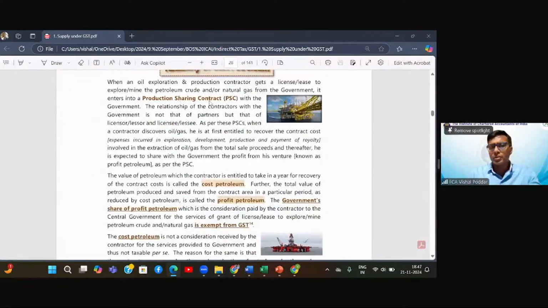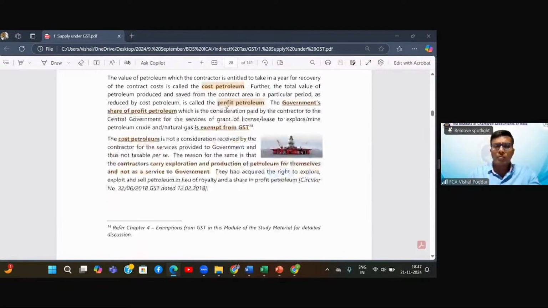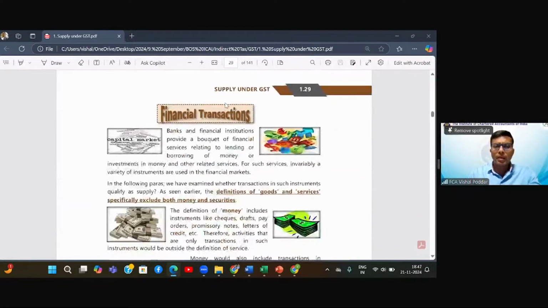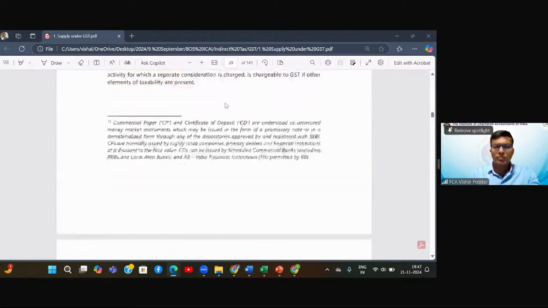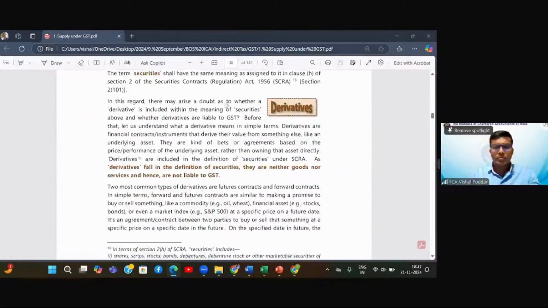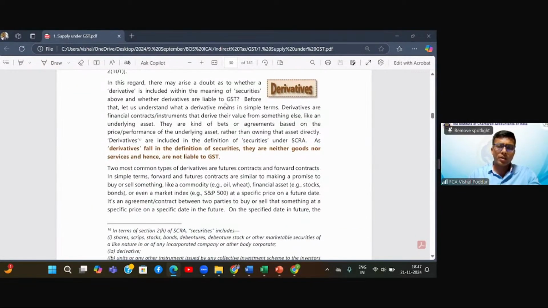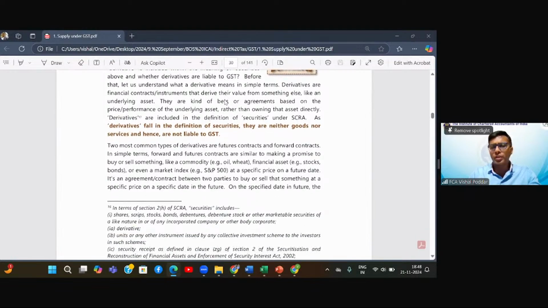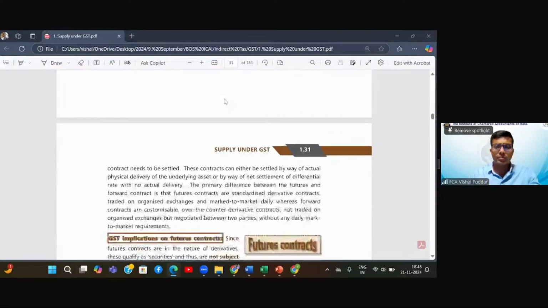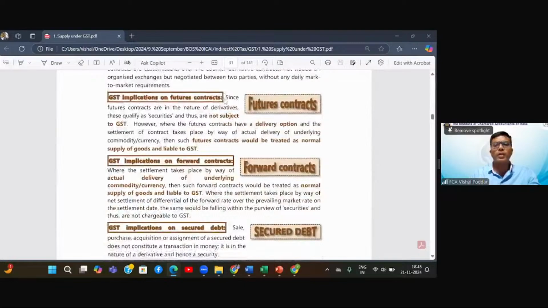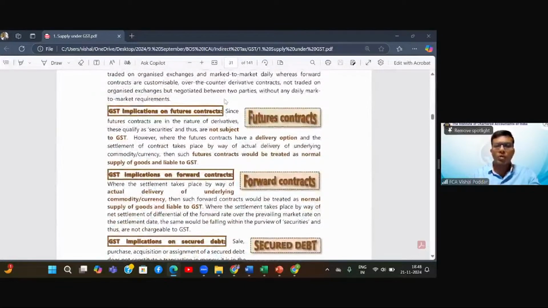Then we also discussed this production sharing contract of petroleum companies. Then they have come to the definition of securities, where all these things are securities and hence there is no GST applicable on any of these items: shares, securities, derivatives, future contracts, forward contracts.